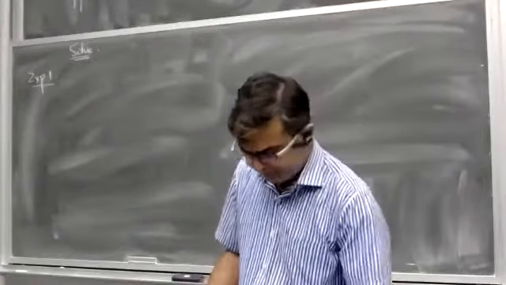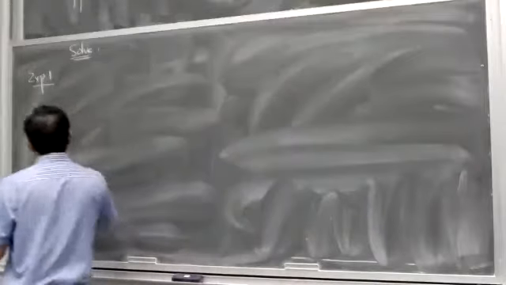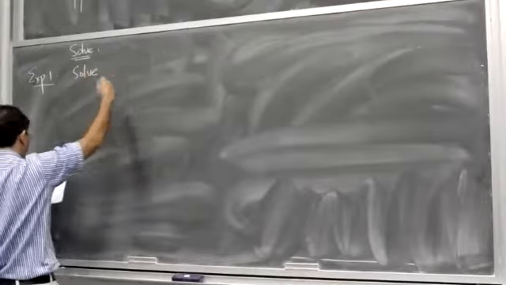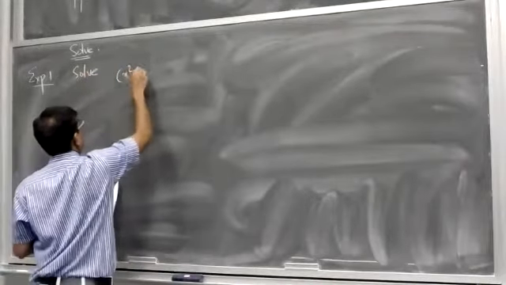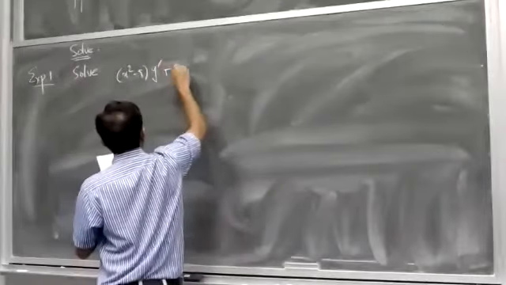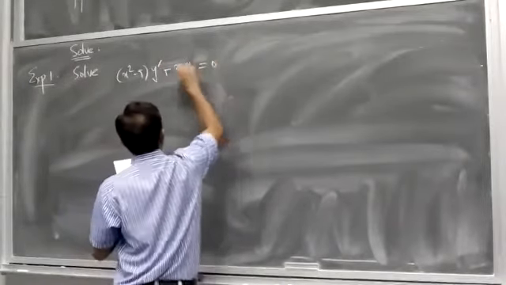Maybe this one. Solve the following ODE, maybe (x square minus 9) y dash plus x y is equal to 0.